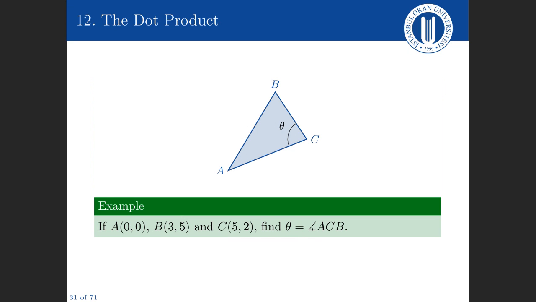Another example. Let's suppose we have a triangle ABC, and we're asked to calculate the angle theta, which is the angle at C between the side AC and the side CB.